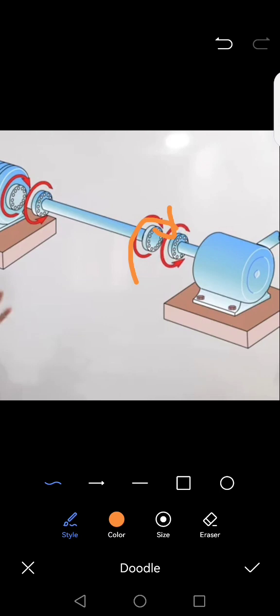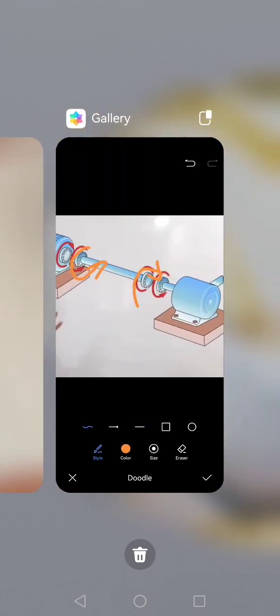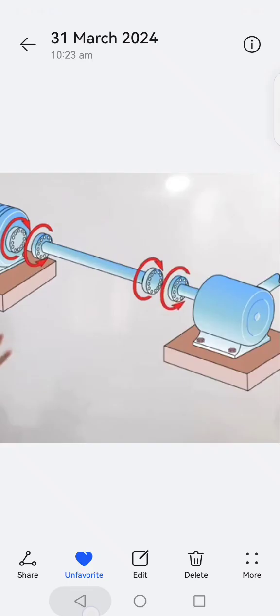On the other side, this generator, due to friction or its mass inertia, is going to apply a resisting force in the opposite direction like this. So the shaft experiences two torques in two opposite directions. Therefore, this shaft will end up twisting. The twisting will be like this.